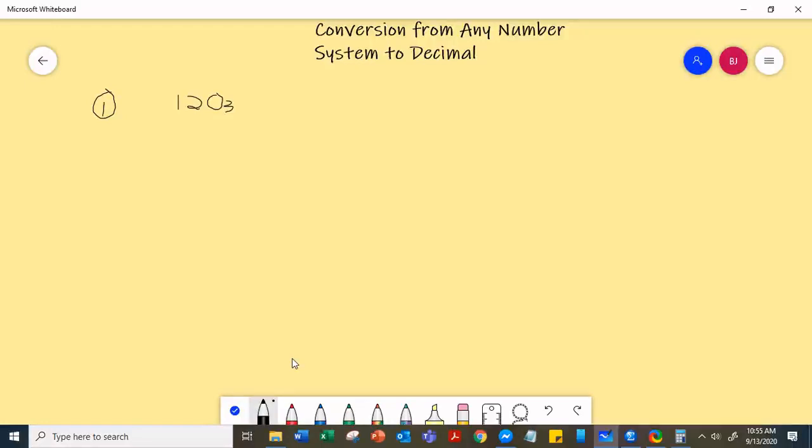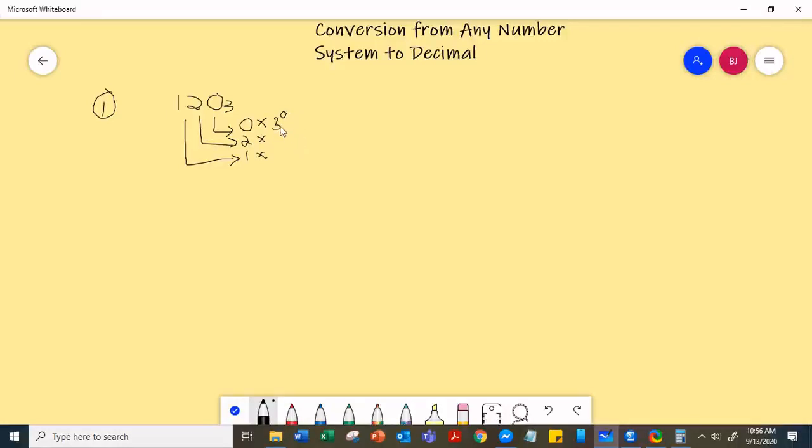Okay? So we put in the digits here. So we have 0, 2, and 1. We multiply them with base 3, because this is base 3, so we have 3 raised to 0. So it always starts with 0.